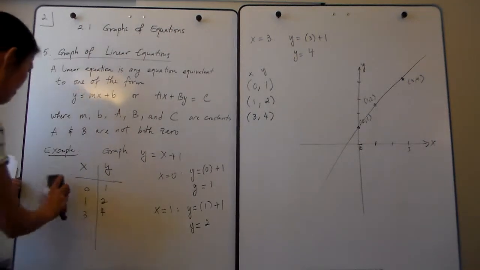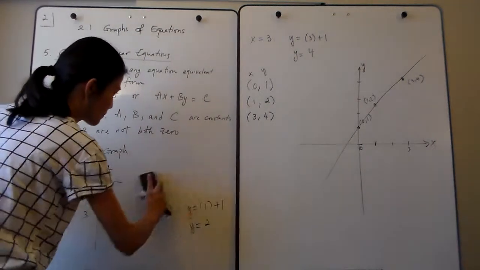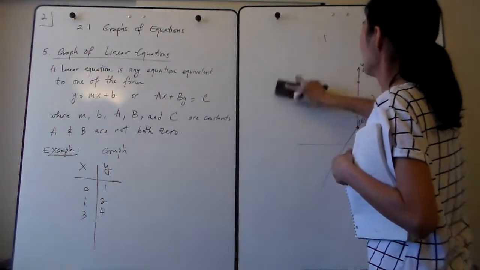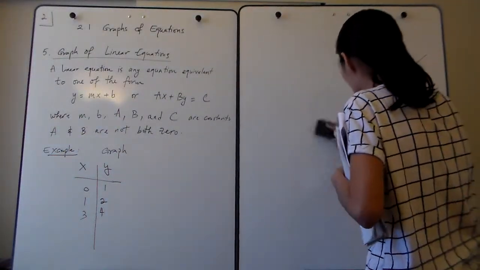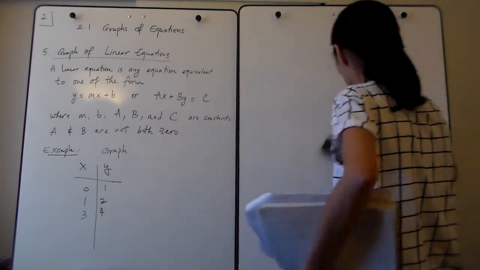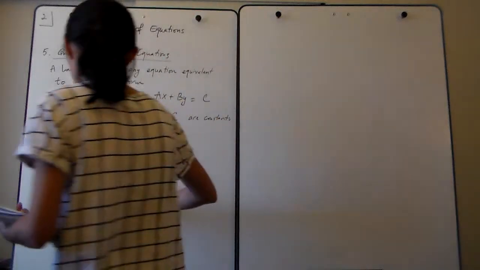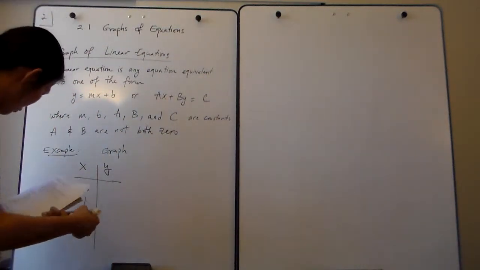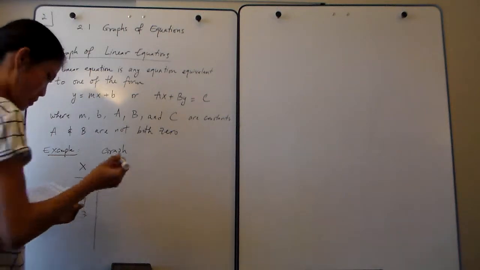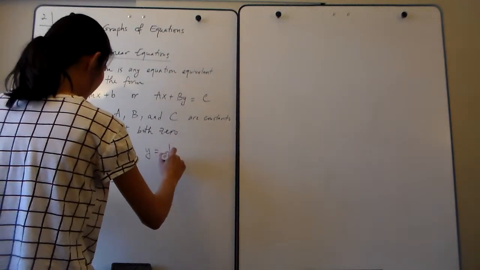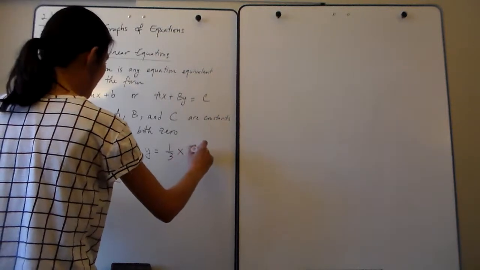All right. So next one, a graph. Let me take this out. So we're going to graph y equal to 1/3 x minus 4.